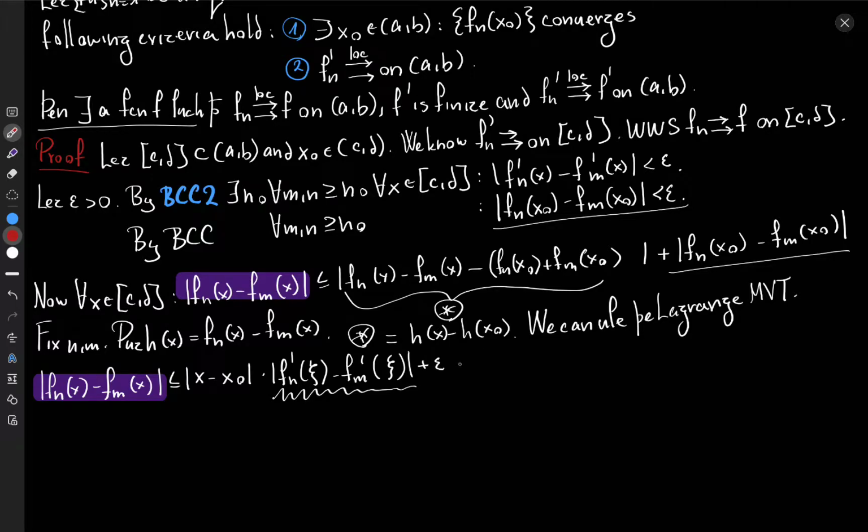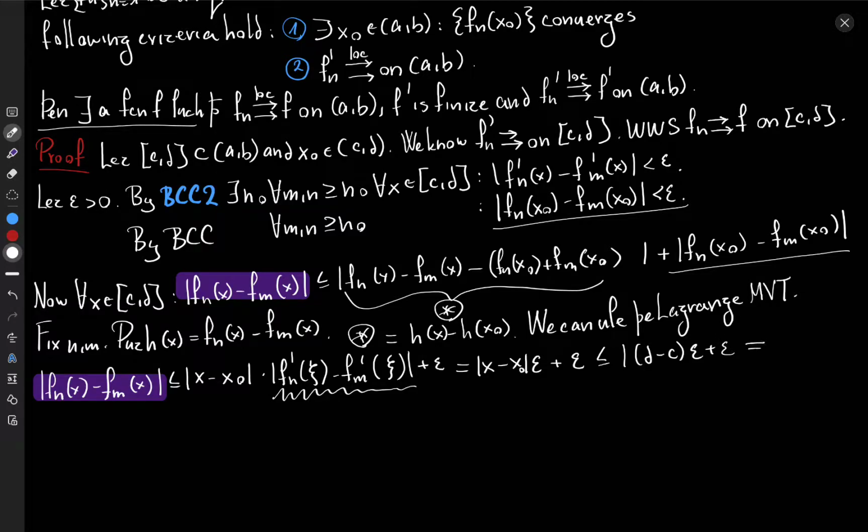So, shamelessly, we can write that this is equal to x minus x0 times some epsilon plus some epsilon. Well, okay, but this is bounded because we are dealing with x from a bounded interval, and x0 is also bounded. So this is definitely smaller or equal to the length of the interval times epsilon plus epsilon, which is precisely what we wanted.